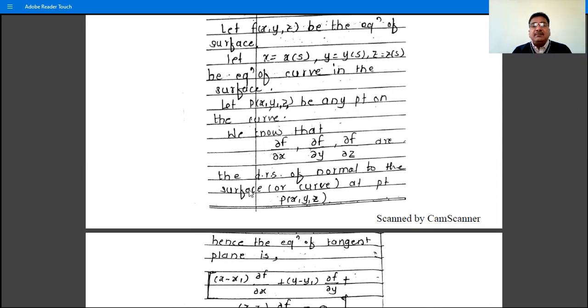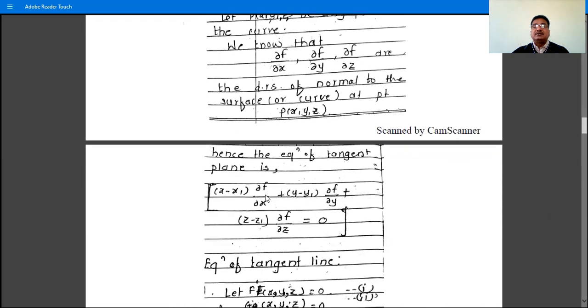So the gradient of the function is normal to that surface, and therefore the coefficients of i, j, k in grad f, that is ∂f/∂x, ∂f/∂y, ∂f/∂z, are the direction ratios of the normal to the surface.